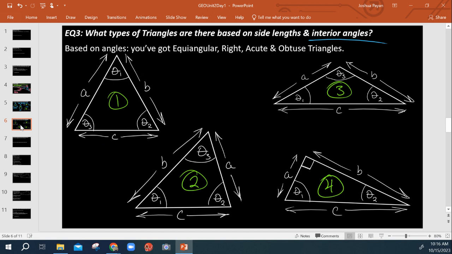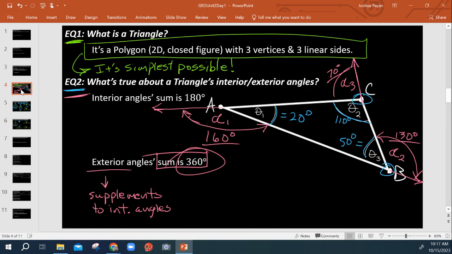Okay, so moving on, we also can classify triangles based on their interior angles. To get specific, equiangular means all interior angles are congruent. So for example, if we said triangle one here was equiangular, then that would mean theta 1, theta 2, and theta 3 would all be equal. Now, knowing what we know from the previous video, all the interior angles always have a sum of 180.